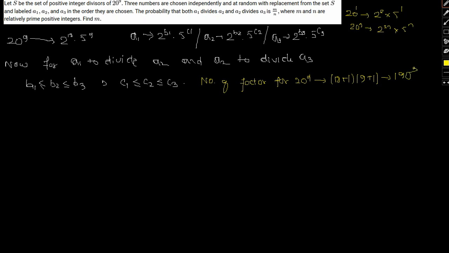And now if I am looking for the total probabilities, we have here three independent numbers, being A1, A2 and A3. So therefore the total number of outcomes would be 190 cubed.